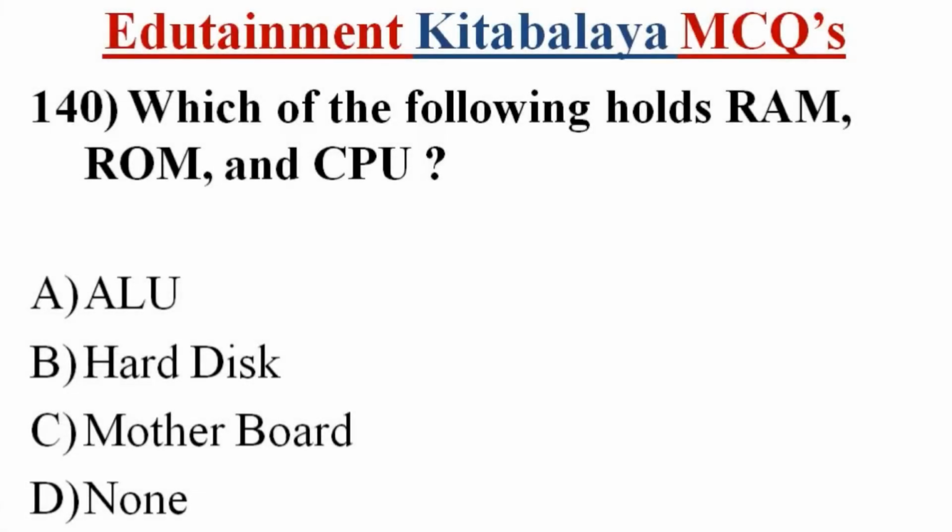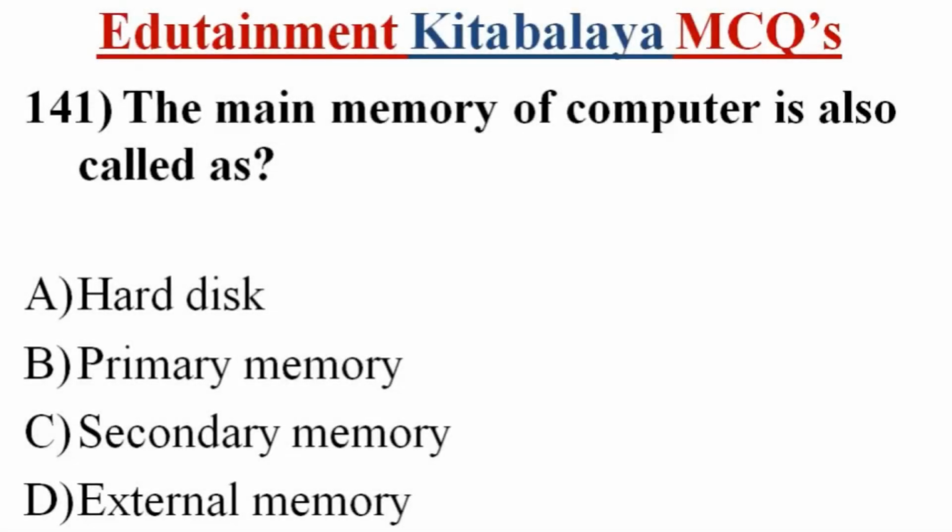Question number 140. Which of the following holds RAM, ROM, and CPU? A. ALU. B. Hard disk. C. Motherboard. D. None. Correct answer is C. Motherboard. Question number 141. The main memory of computer is also called as A. Hard disk. B. Primary memory.